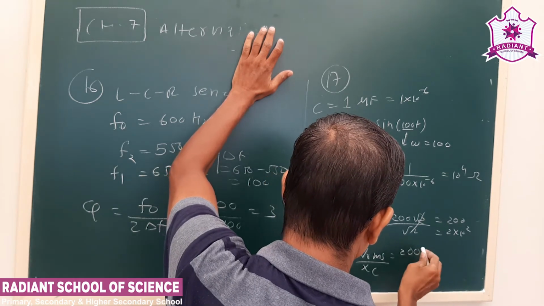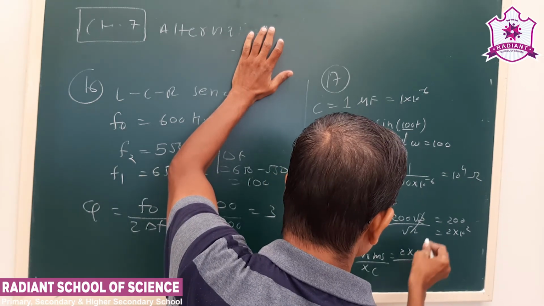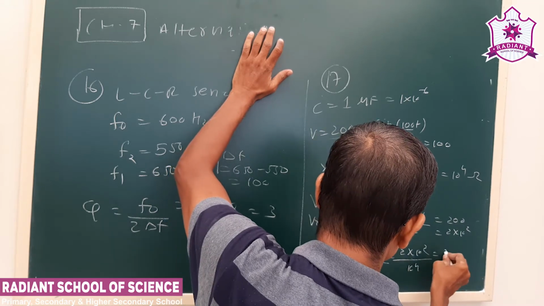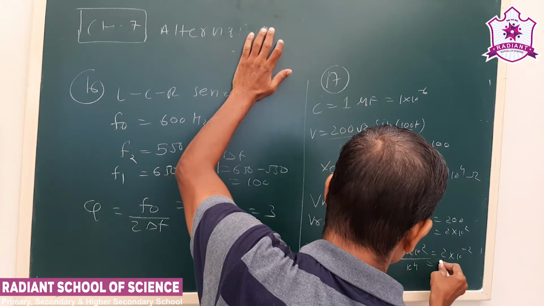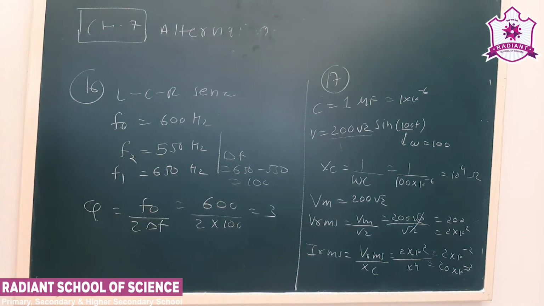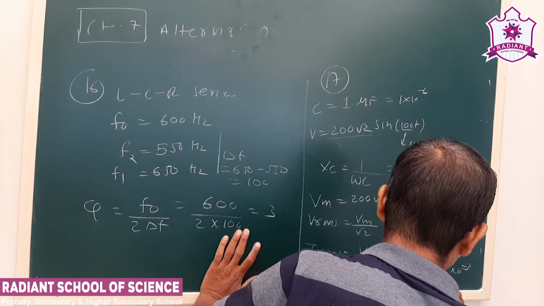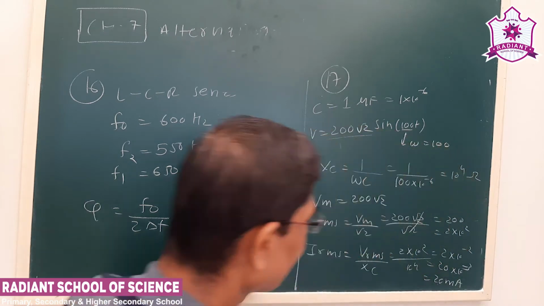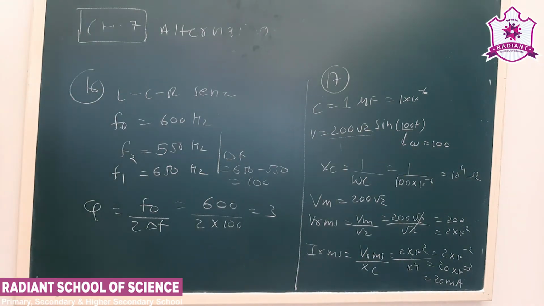VRMS is 200. Here XC is 10 to the power 4. Okay, so if I solve, that will be 20 milliampere. Okay, so this is how we can calculate the current in the circuit with only a capacitor. Okay, so this is our MCQ number 17. Now see the next MCQ.